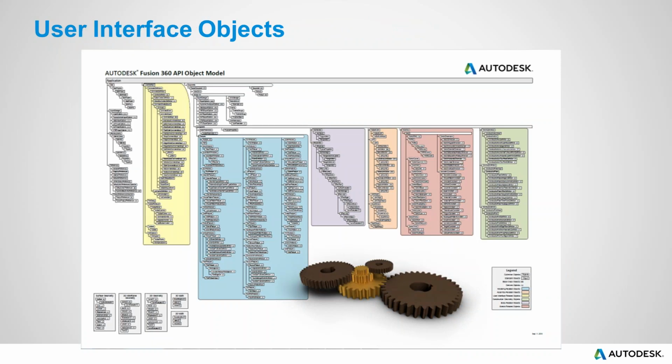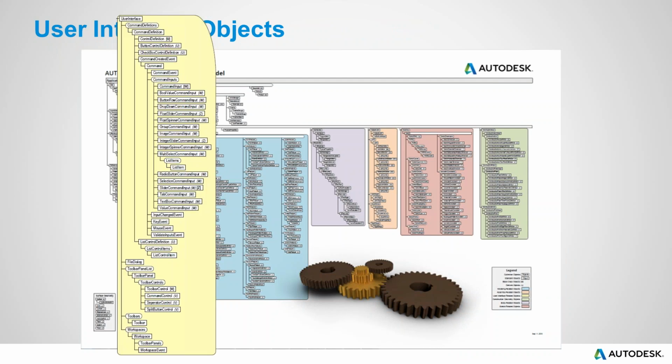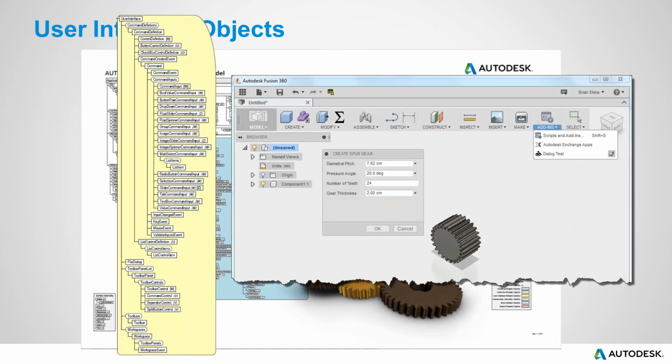And then there's user interface objects. That's everything here in the yellow. And there's basically two sets of functionality here. I've got functionality to modify these toolbars.